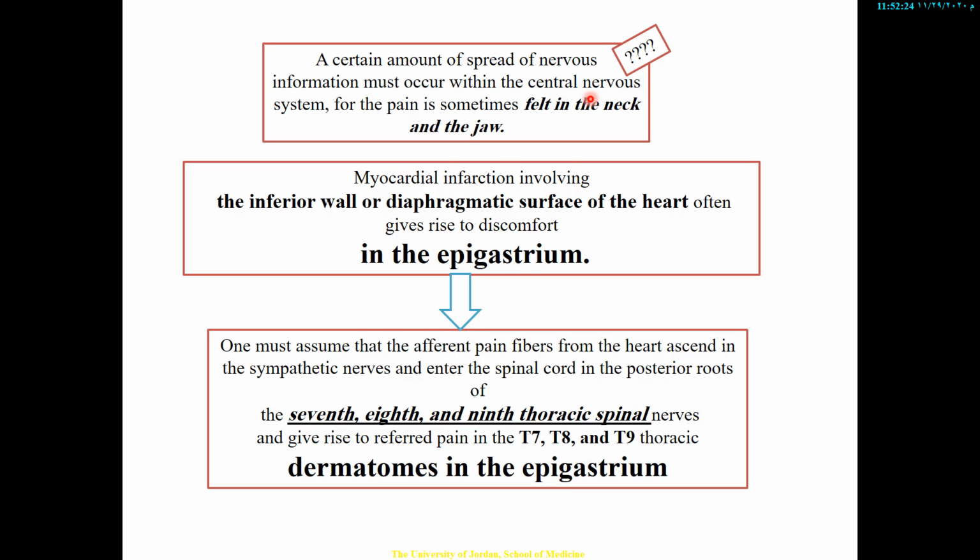After all, the brain is the main analyzing area, if you would like, that understands signals coming from everywhere. So pain is sometimes felt in the neck and the jaw. We can't explain this on an anatomical basis, and therefore we may suggest an explanation that this must be happening at the level of the brain itself.